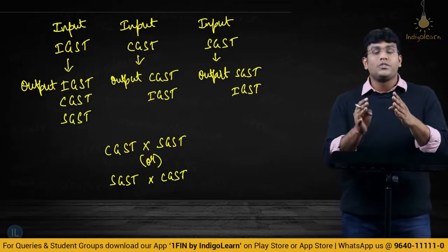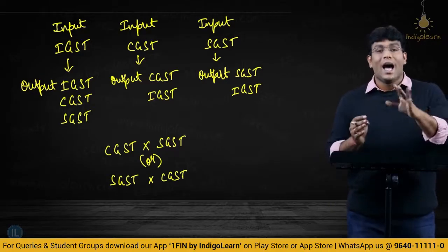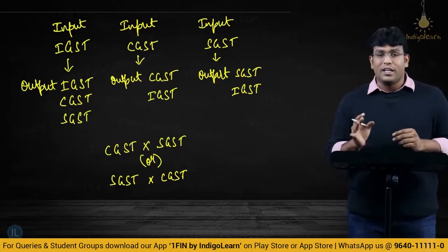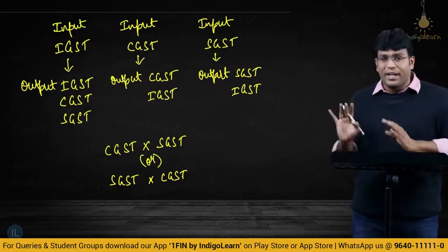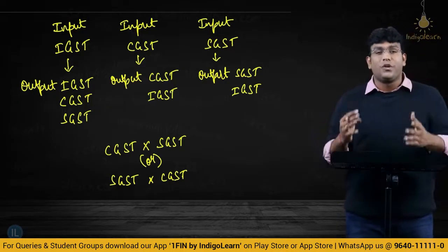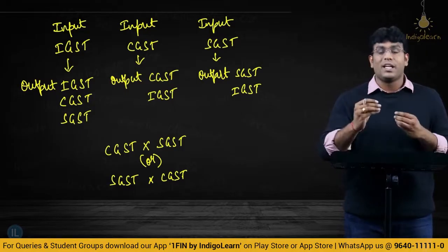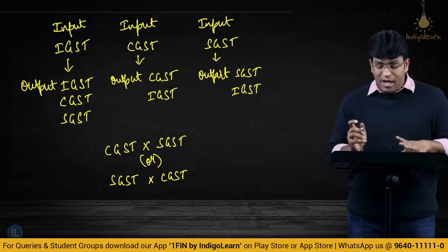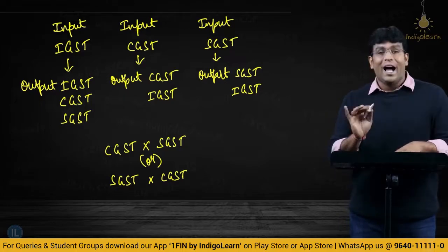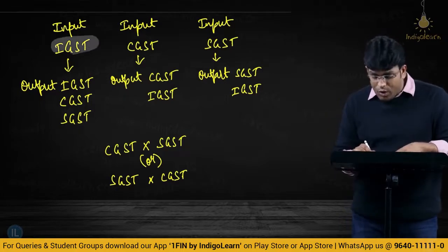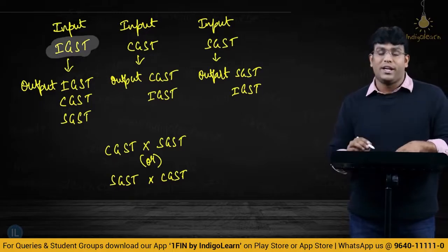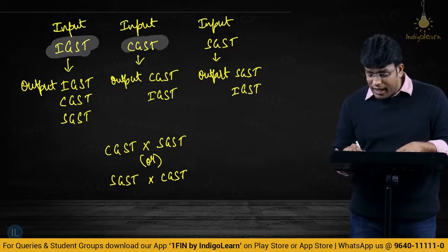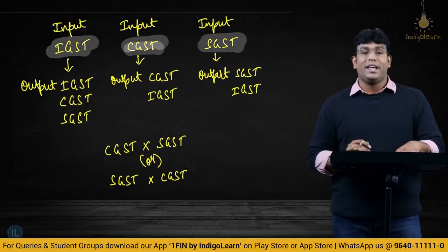So the most user friendly out of all this is IGST, because we observe very clearly IGST can be used for anything and anything can be used for IGST. That is why we call it the most user friendly. And we discussed that the concept of IGST will come only in case of interstate supply, whereas in case of intrastate supply we have the concept of CGST and SGST.